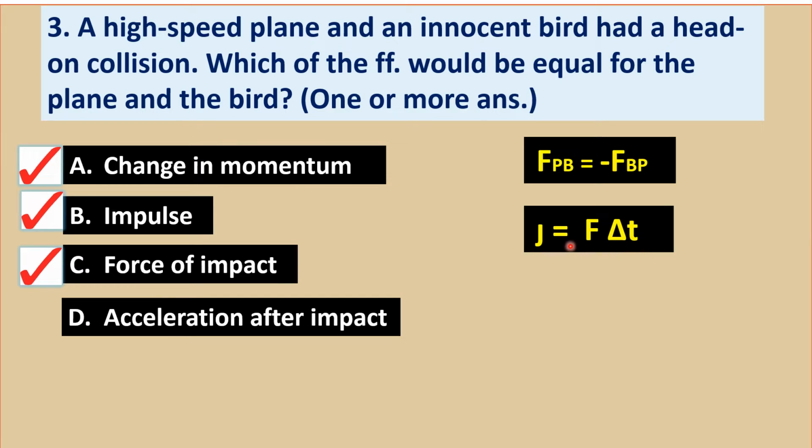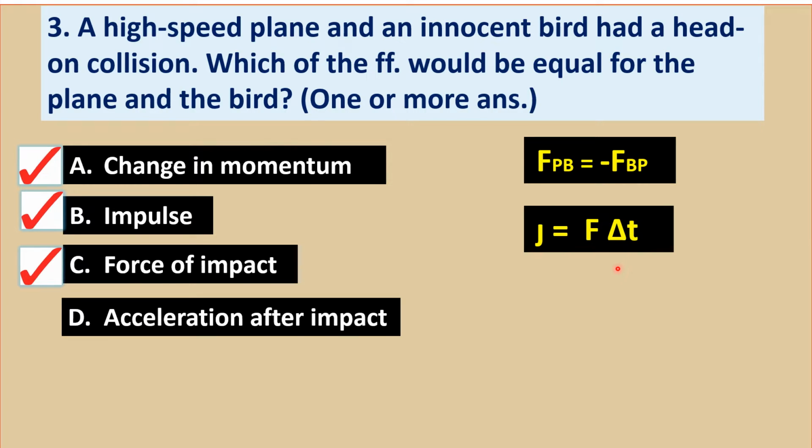And so it's very clear, if the plane and the bird have the same amount of force exerted on them, then it follows that the impulse imparted to each of the two bodies, the impulse imparted to the bird, for example, is also equal to the impulse that's imparted to the plane. So having the same impulse is just a consequence of having equal but opposite force.